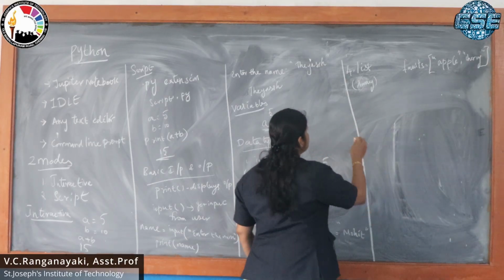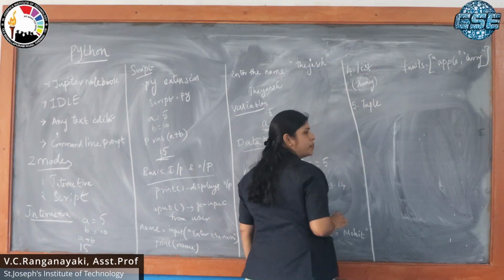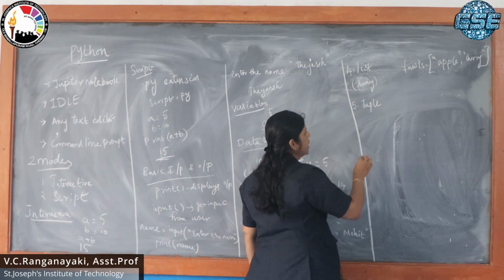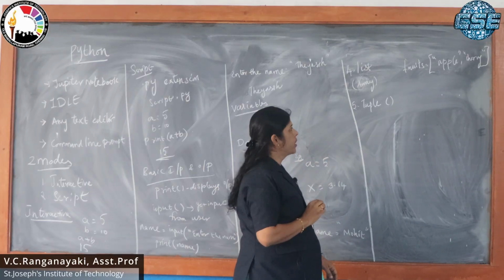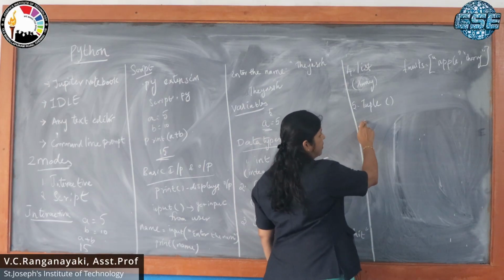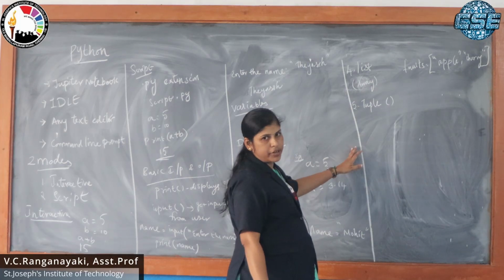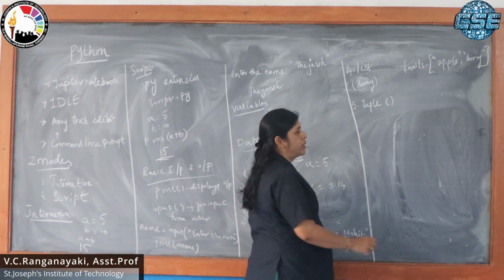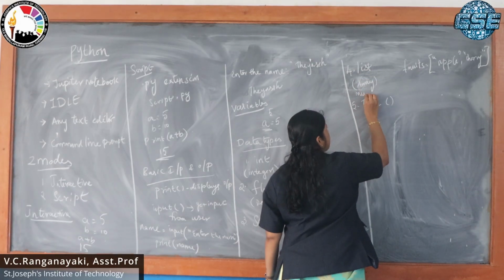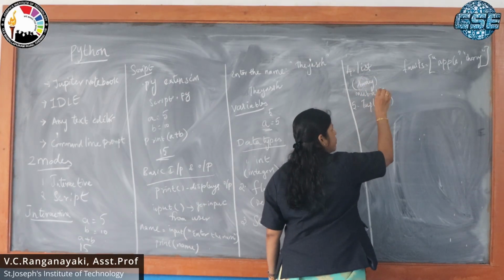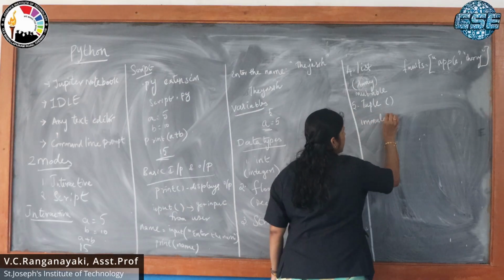Okay. Next is tuple. Tuple is defined by using round brackets. Okay. So it is ordered. It is also an ordered collection of items, but the only difference is it is immutable. List is mutable. Tuple is immutable. That is very important.